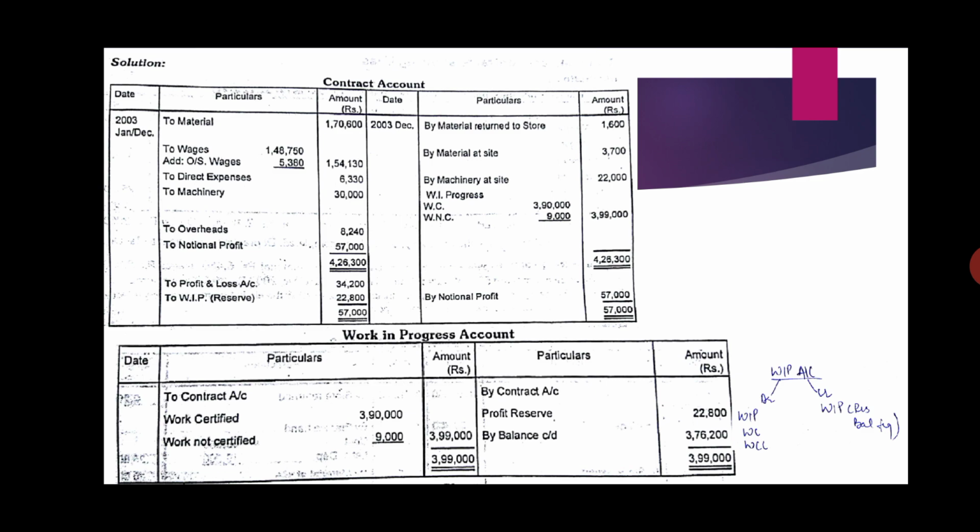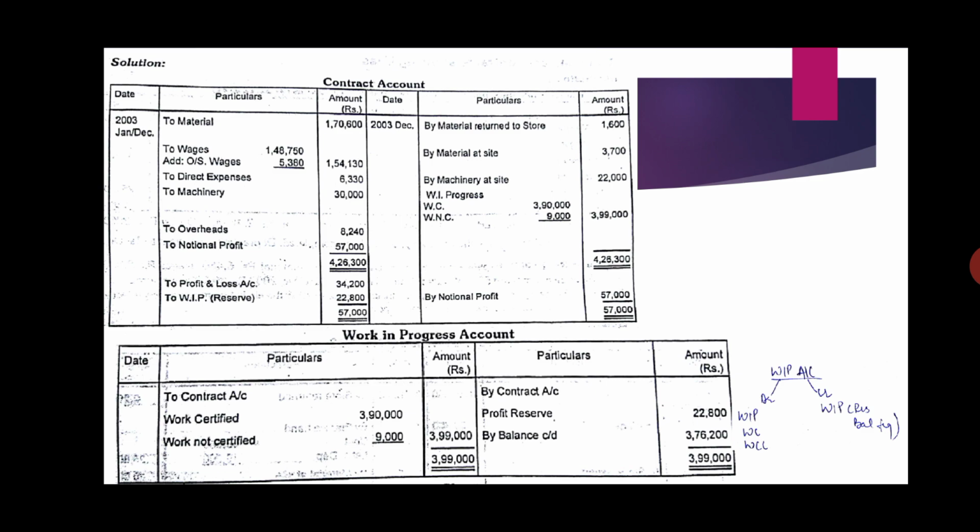On the credit side, you have to write down by contract account, WIP reserve. From where is the WIP reserve coming? The contract account. So simply you will write "by contract account", within bracket WIP reserve 22,800. That's it. On the left hand side, meaning the debit side of the WIP account, you have to write "to contract account" only the WIP.